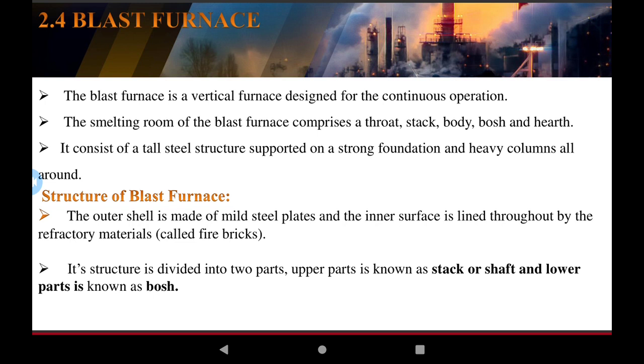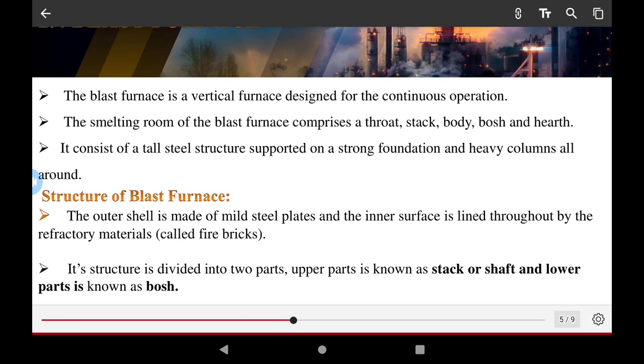Blast furnace. The blast furnace is a vertical furnace designed for continuous operation.